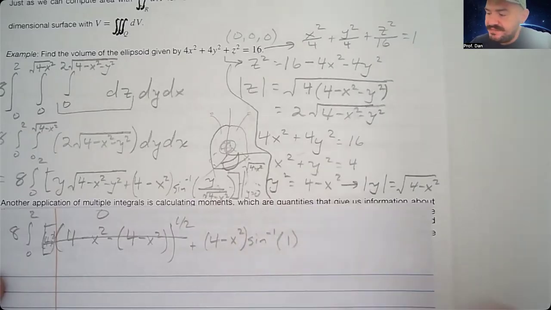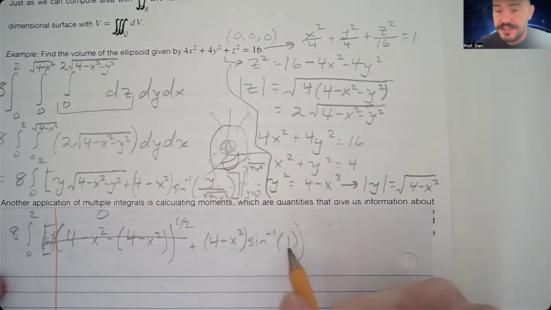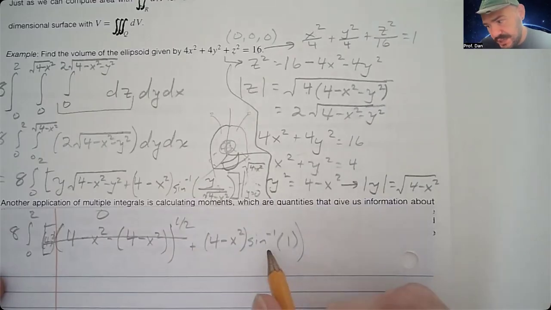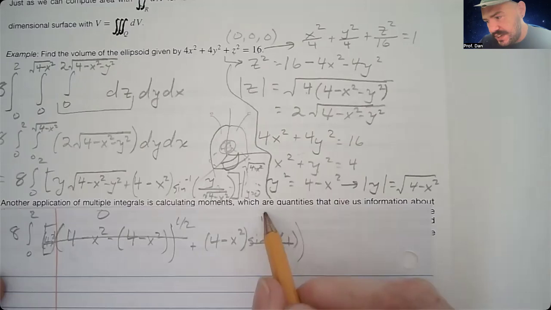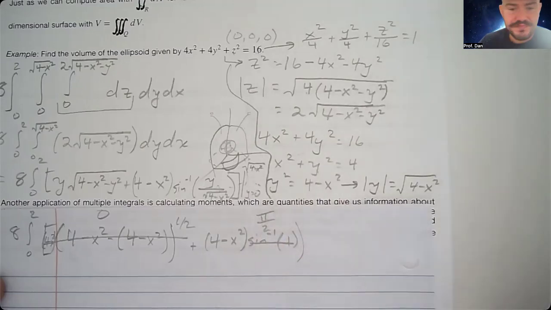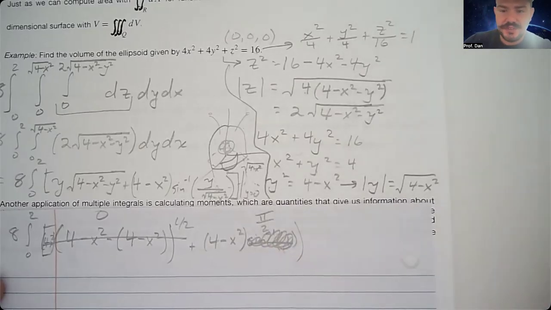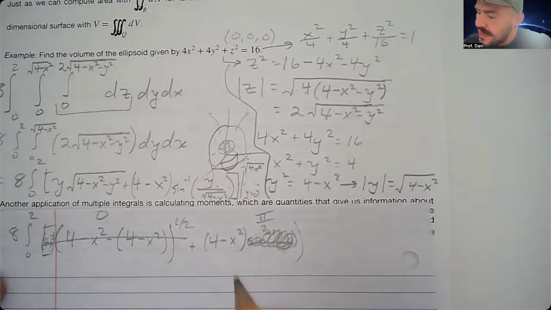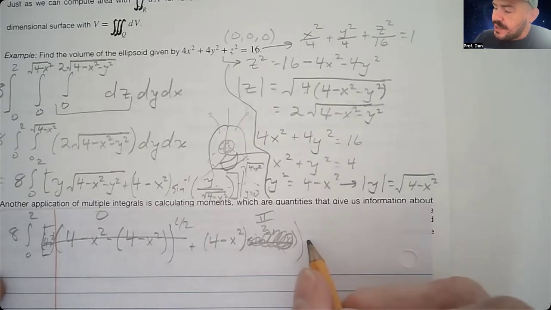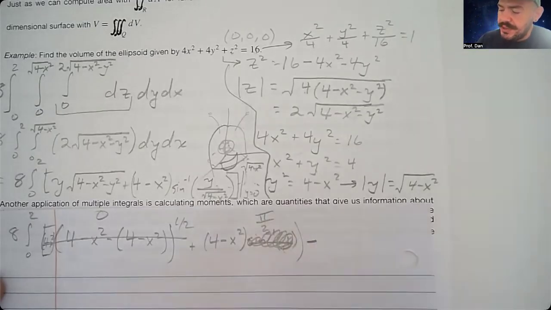It's 1. And we can do inverse sine of 1, right? What angle has a sine value of 1? Hopefully we all emphatically said pi over 2. So that whole inverse sine factor is just pi over 2. Pretty cool. Okay, and then from that, we're going to subtract what we get from plugging in 0 for y.